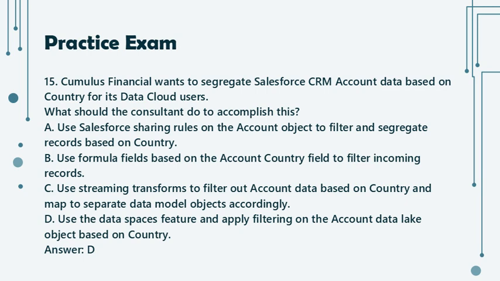B. Use formula fields based on the account country field to filter incoming records. C. Use streaming transforms to filter out account data based on country and map to separate data model objects accordingly. D. Use the data spaces feature and apply filtering on the account data lake object based on country. Answer: D.